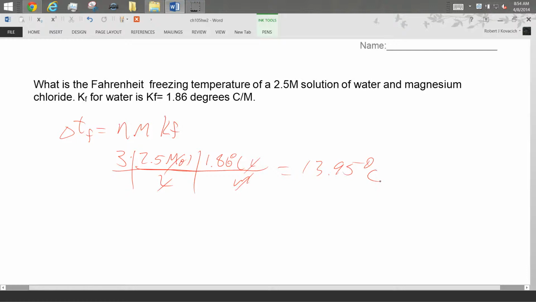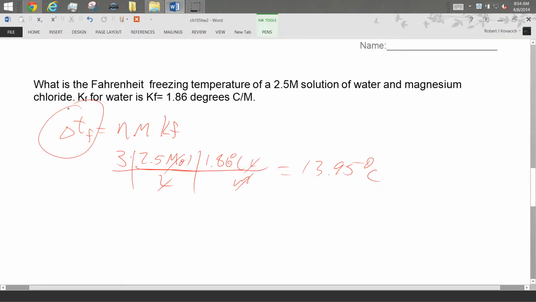First question on this homework. I put salt in, what happens to the freezing? It depresses it, right? So this is a change in the freezing point, right?